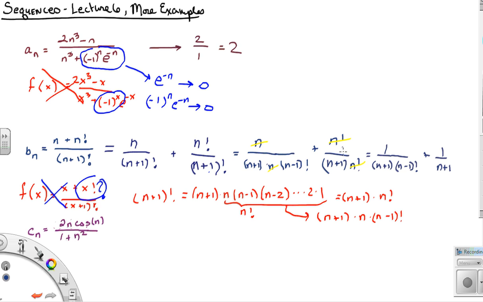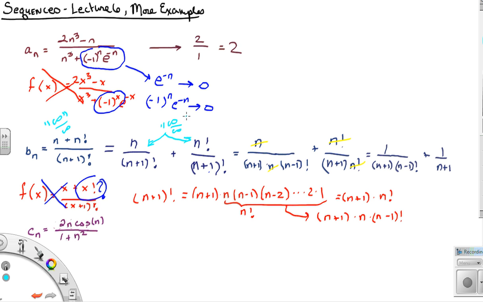Okay, now why is that useful to us? Well, over here, this is of the form infinity over infinity, which is indeterminate. Both the numerator and denominator are going to infinity. In fact, both this and this are of the form infinity over infinity as well, so those are really not easy to work with. We need to simplify them.